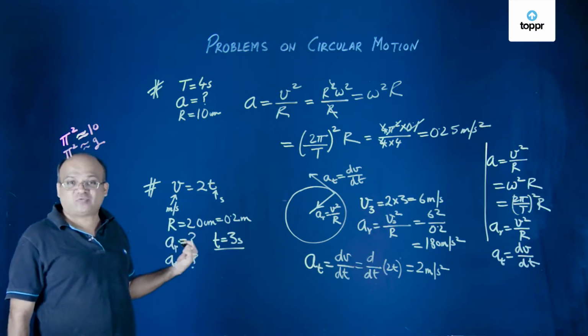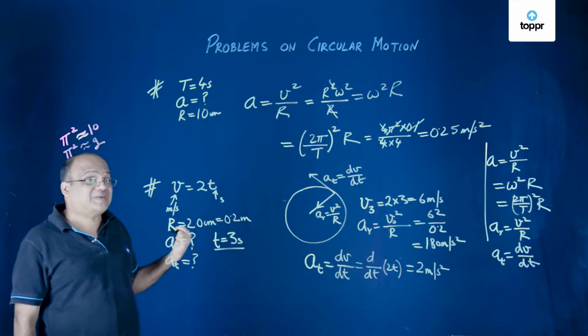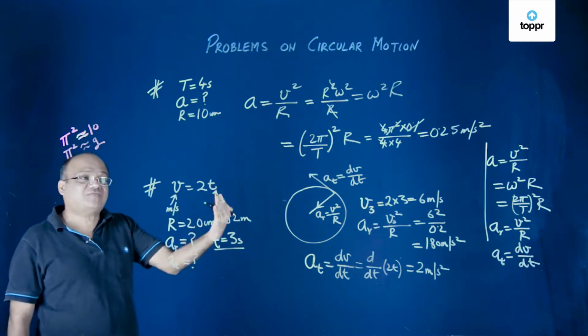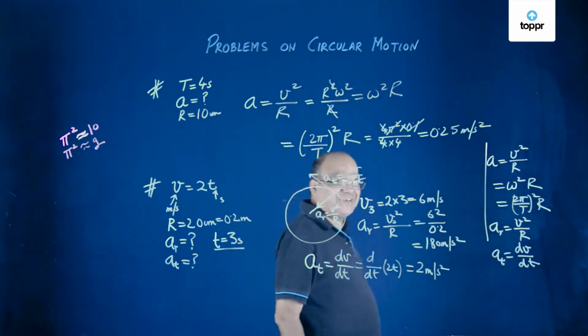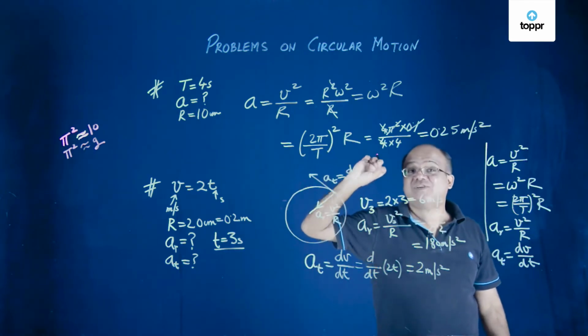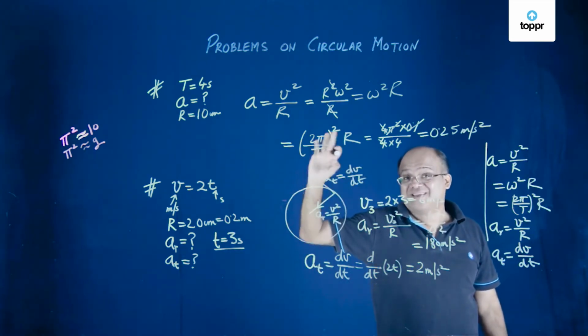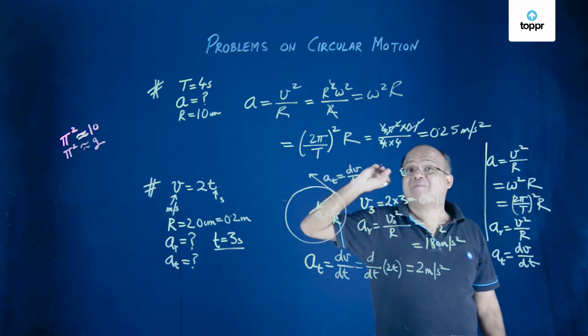Radial acceleration is v square by r, and tangential acceleration is dv/dt, where v is the speed. Here v is given as a function of time, the speed equal to 2 times t, right? So tangential acceleration, remember, is rate of change of speed dv/dt, and centripetal acceleration is v square by r.